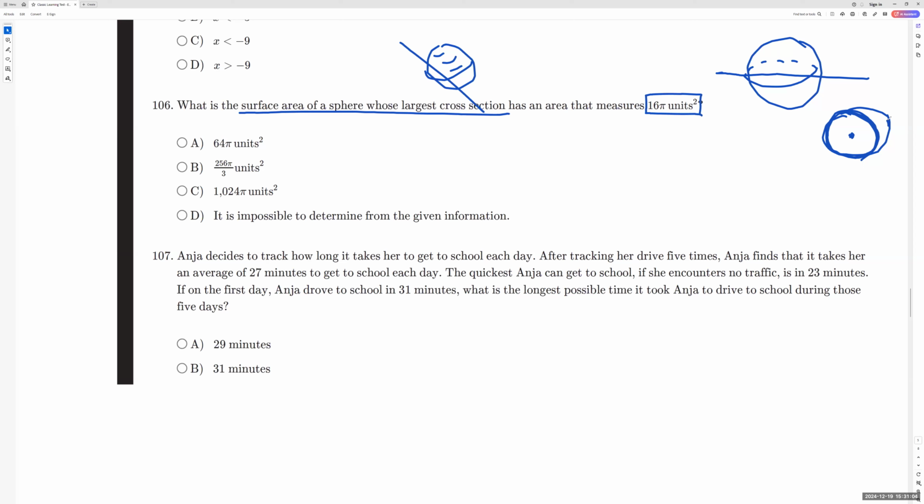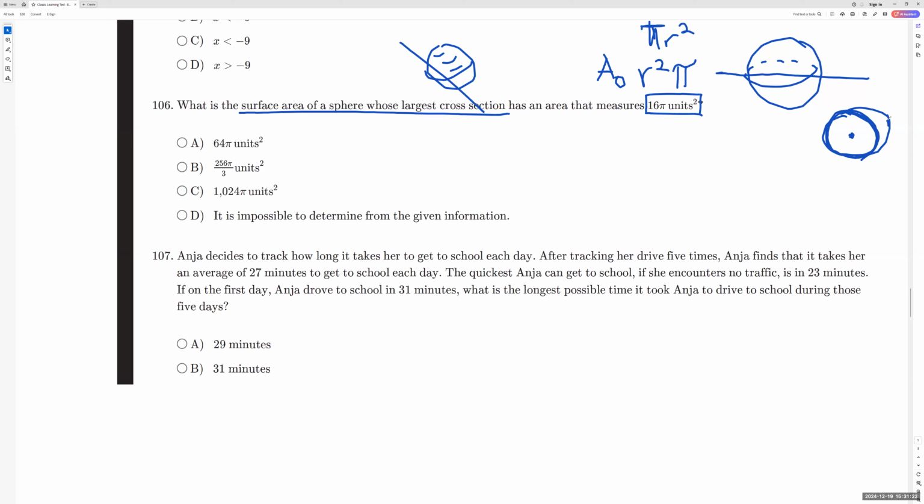16 pi units. Remember, the area of a circle is pi times the radius squared, or let's say the radius squared times pi in this case.